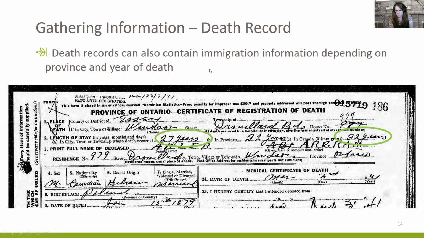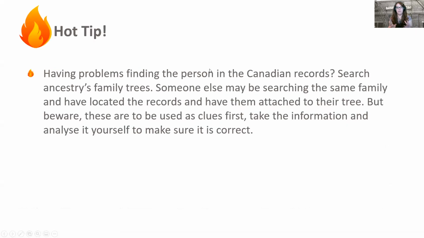Okay, moving on. So if you're having problems finding somebody in the Canadian records, what I will do at this point to save time is to do a search of Ancestry's family trees. Somebody might already be researching the family that you're looking for and could potentially have a whole slew of records that could be useful to you attached to the family.